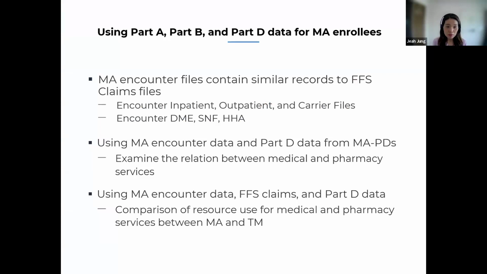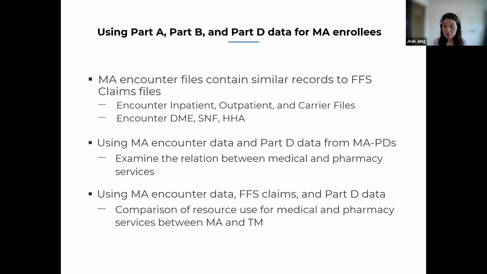Currently we have MA encounter inpatient data, outpatient data, and carrier files. It's very similar to fee-for-service claims. And we have encounter DME, durable medical equipment, and then skilled nursing facility and home health agency data.